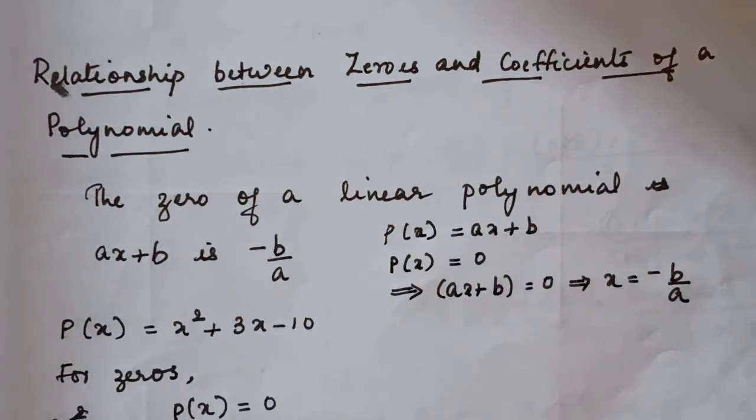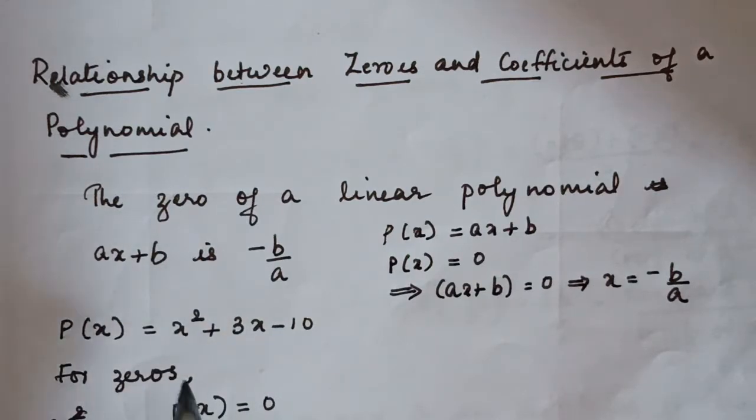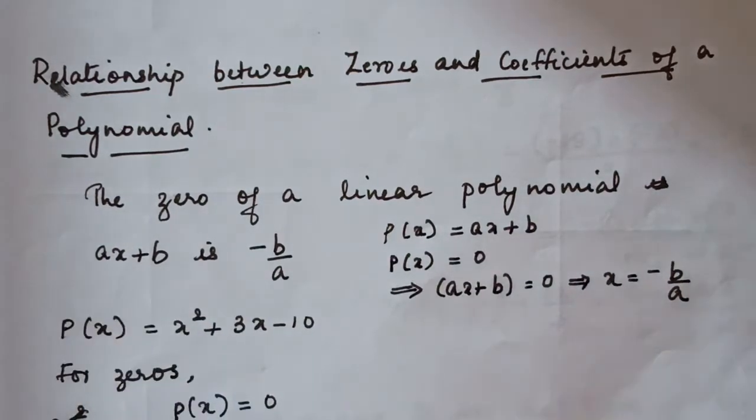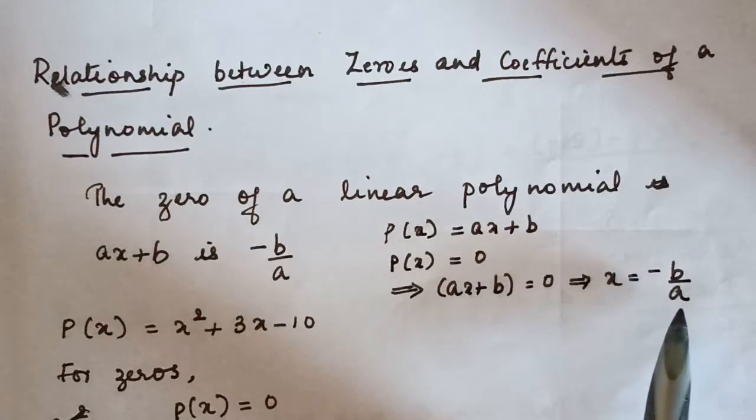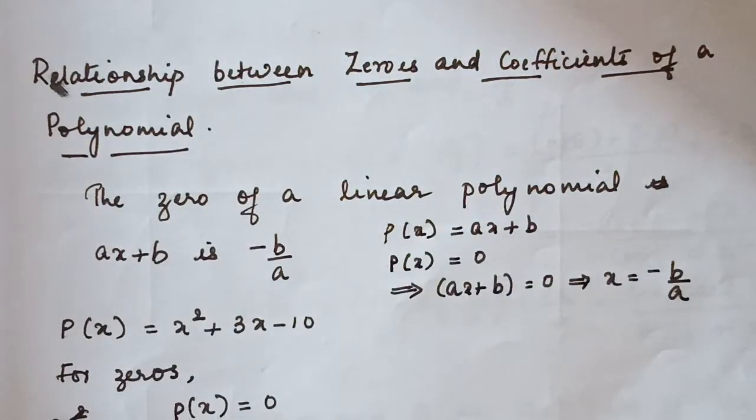Now let us consider a quadratic polynomial p of x is equal to x squared plus 3x minus 10. You know this is a quadratic polynomial. So for a linear polynomial you got the zero as minus b by a.